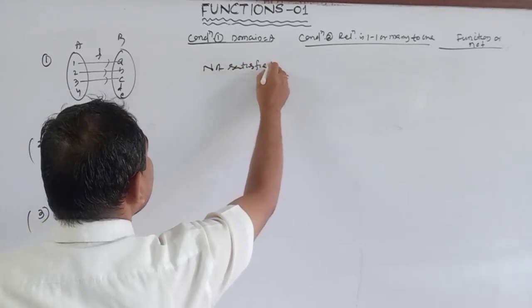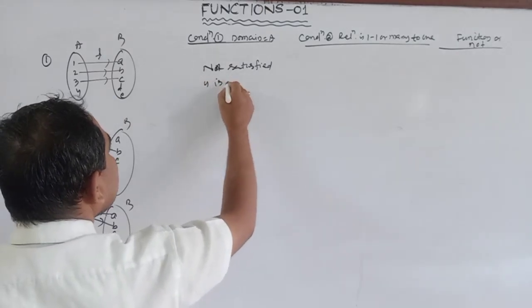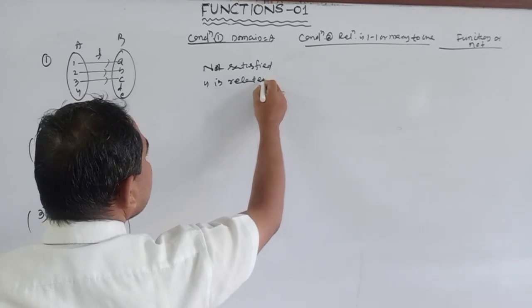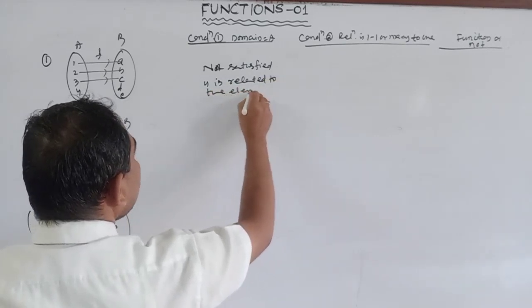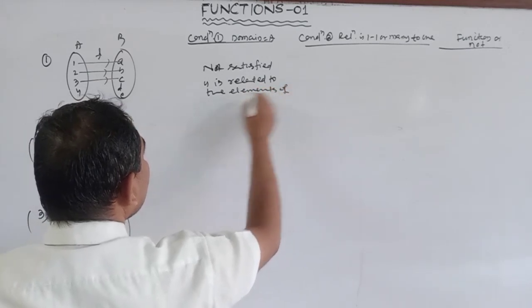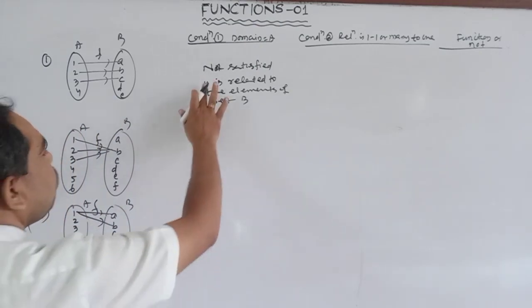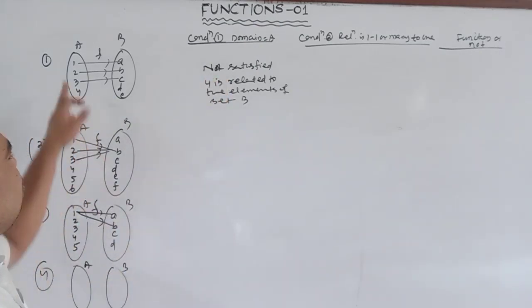So condition 1 is not satisfied because 4 is not related to the elements of set B. Condition 2: the relation is either 1:1 or many to 1.